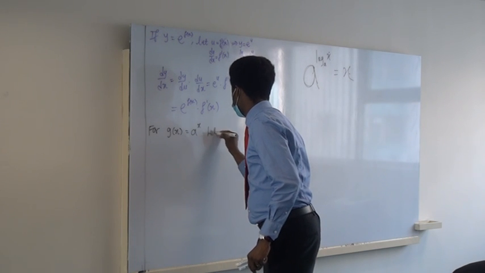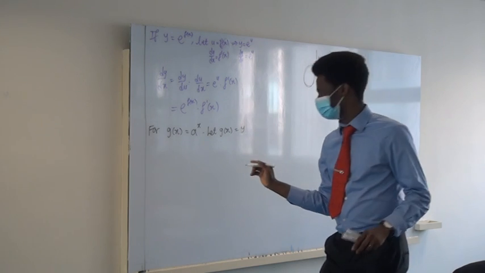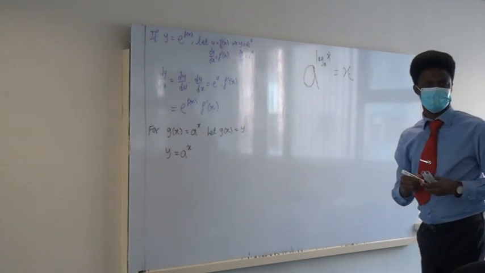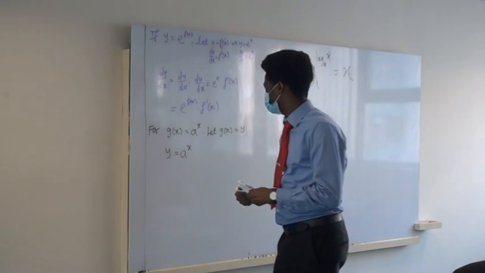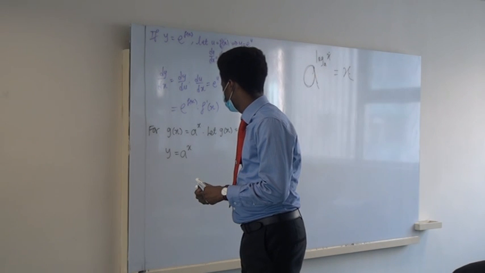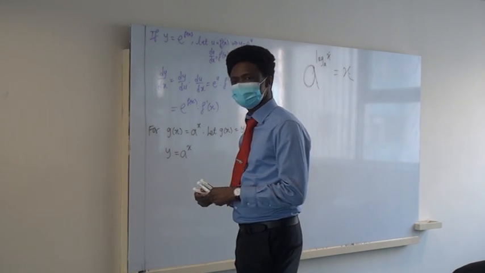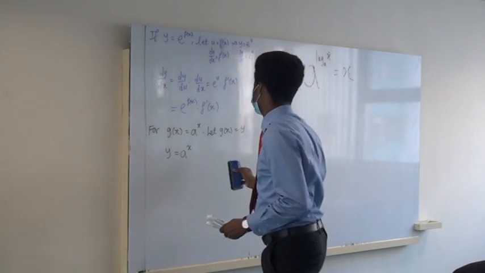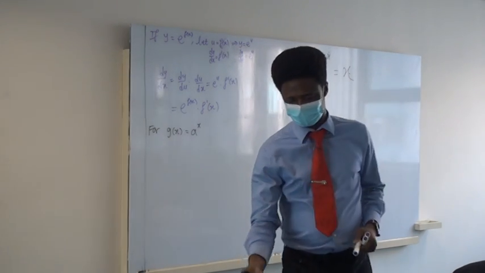Let my g of x be changed to y for easy work. Then I can have y equals a to the power x. Now let me take the logarithm to base e of both sides. But if I take the logarithm of base e of both sides, we haven't done the derivative of logarithm. So that method won't work. Sorry, there are different ways you can approach it, so that is why I thought of that.